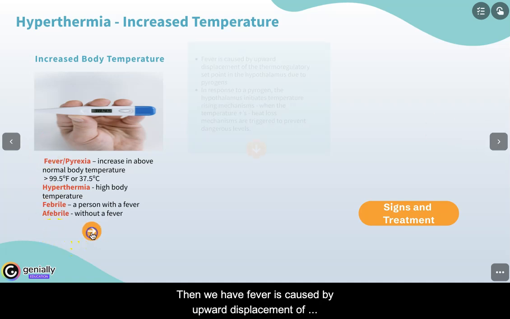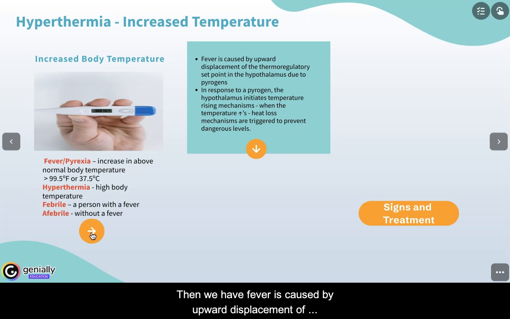If you notice, all these terms are in red, so these are keywords in this lecture. Then we have fever is caused by upward displacement of the thermoregulatory center set point. For example, your hypothalamus. Remember, that's your thermoregulatory center. So fever is when it has an upward displacement. It could happen for different reasons, and we talked about what affects the temperature in the previous slide.